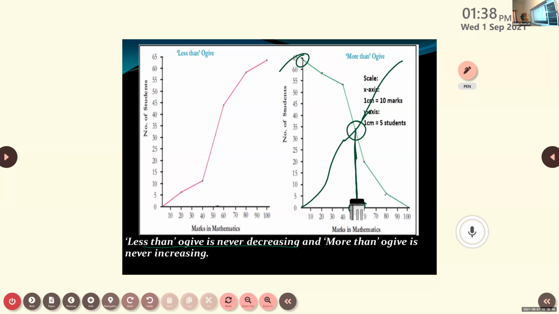Everyone, please understand. Okay. Now, how can we construct an ogive from a frequency distribution? How can we construct the less than ogive? Without clearing this, I don't want to go to the next topic. What are the steps involved in the construction of less than ogive?